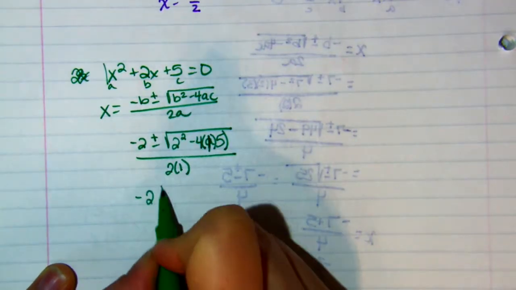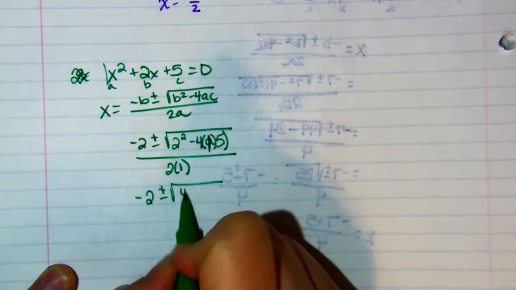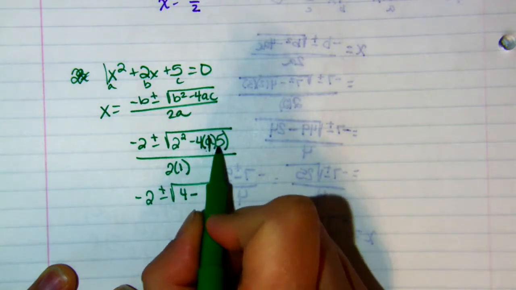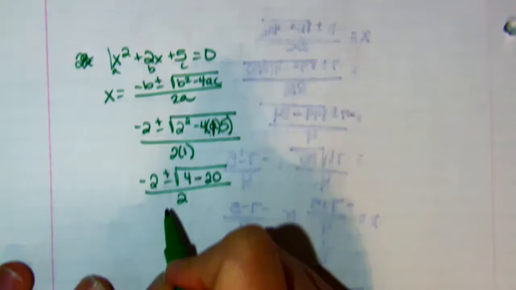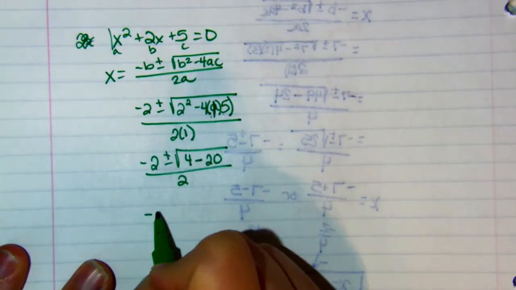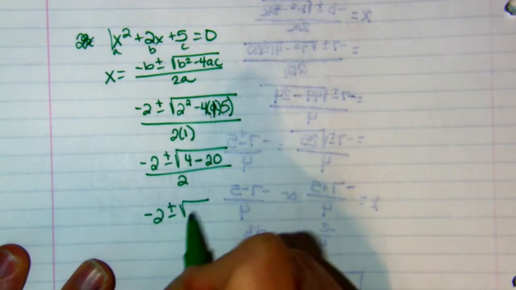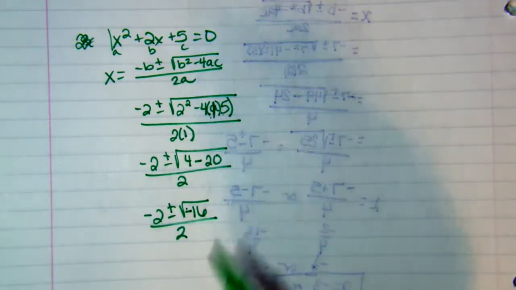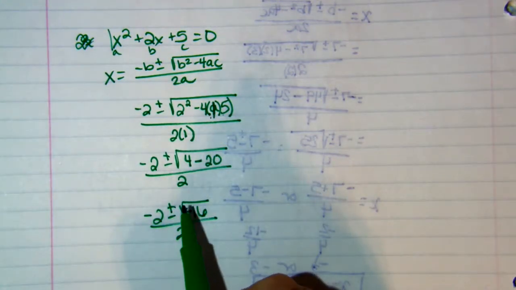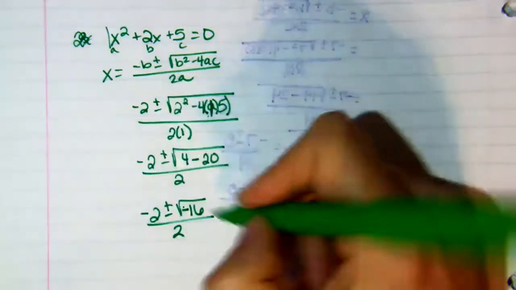Simplify a little bit further. Negative 2 plus or minus square root of 4 minus, that's 4 times 5, which is 20, all over 2. And then we have negative 2 plus or minus square root of negative 16 all over 2. And right here, you see that we have a negative under a square root, not possible.